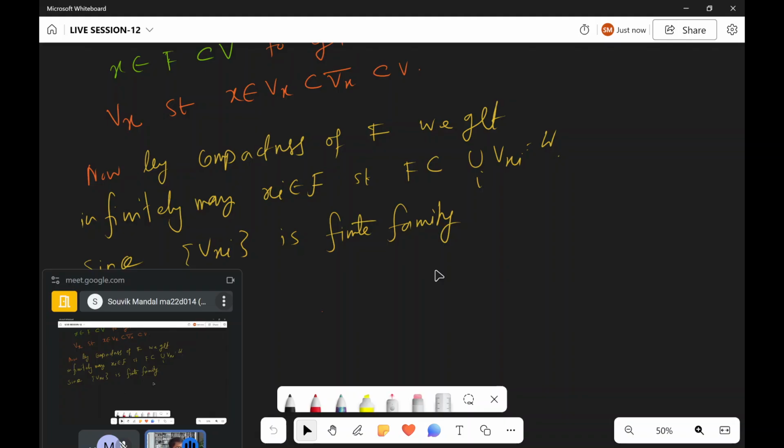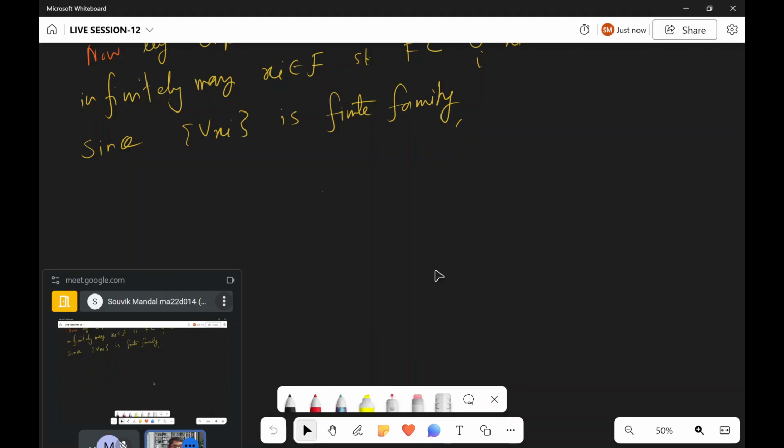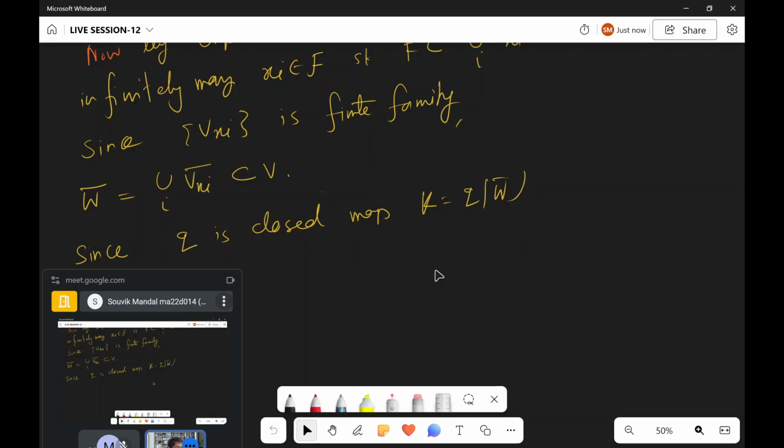But since Vxi is a finite family, we can put W prime equal to the union over i of Vxi closure, which is a subset of V. Now since Q is a closed map, K equal to Q of W closure is a closed subset.